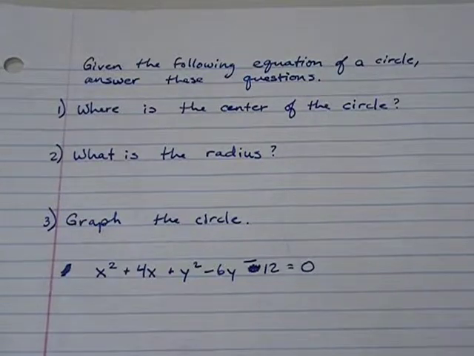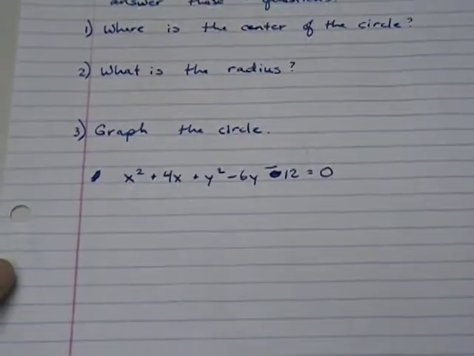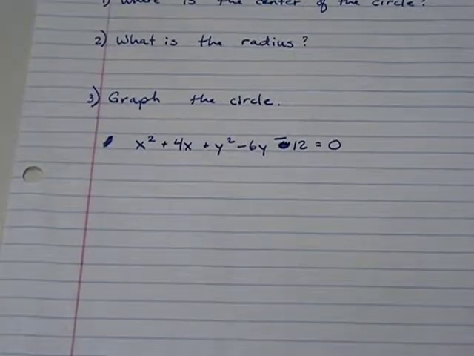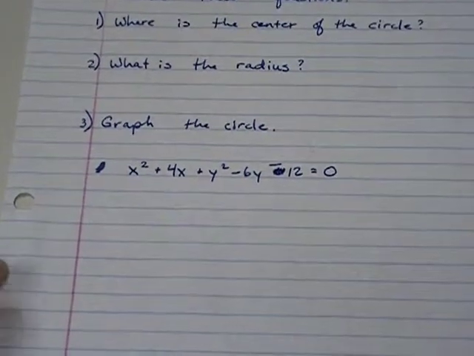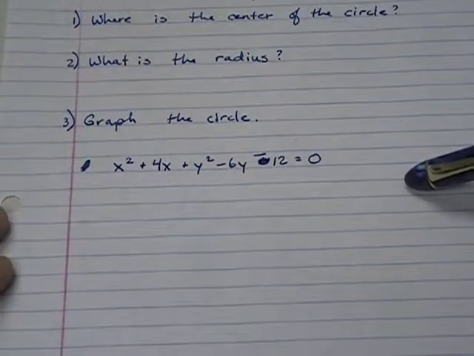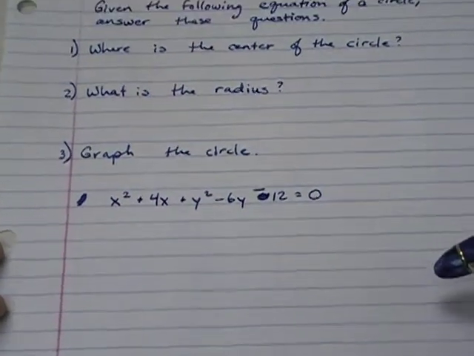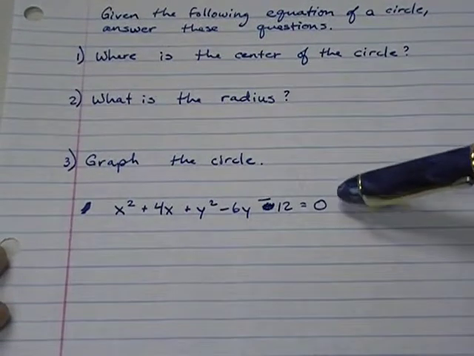Now, step number 1 here, the simplest and easiest thing to do would be to figure out how to find the center and the radius of the circle. There's a couple of ways to do this, but I think the easiest way is to put this circle in a different form.